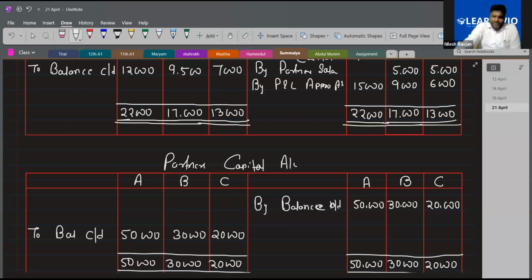So you know which chapters have already been completed in your school? Can you tell me? We finished goodwill in partnership, and we started this new one today, change in profit sharing ratio, reconstitution of partnership.